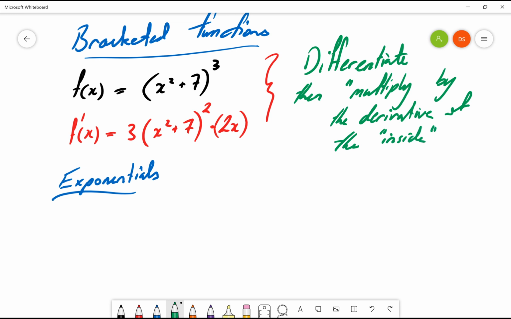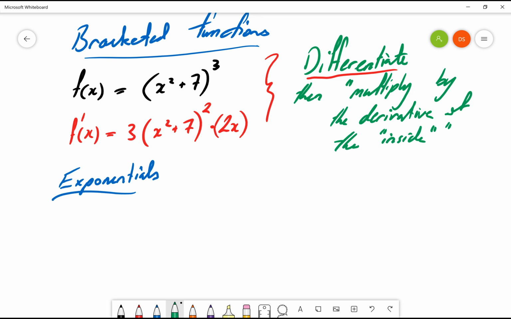This was sort of our takeaway. And whatever the differentiate part looks like is going to be the thing that changes. Right? The differentiate part is going to change, but the multiply by the derivative of the inside is going to be something that stays with us all the way through how we differentiate. That is the bracket rule that we're going to borrow. That is the quote-unquote chain rule thing that we're going to borrow. Okay, that's going to be on the bottom of everything that we do.